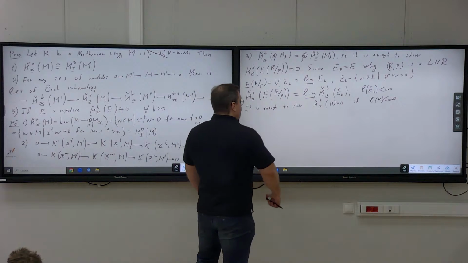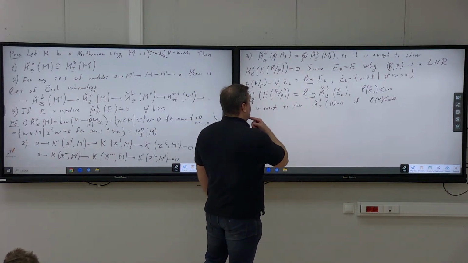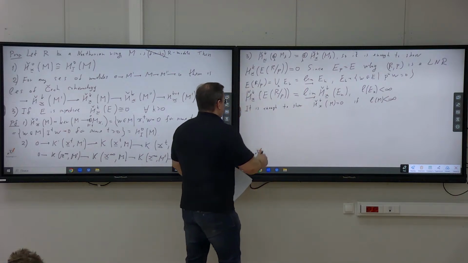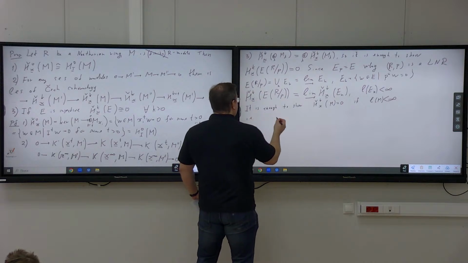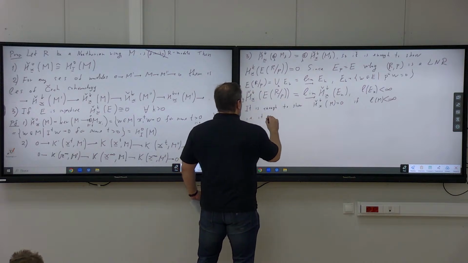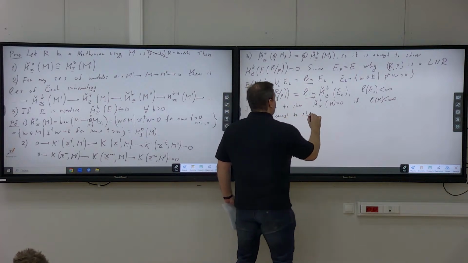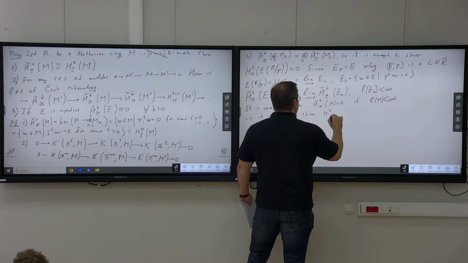Okay, but if you want to show some vanishing for modules of finite length, it is enough to show it for the residue field. Here there's a little bit of terrible notation.